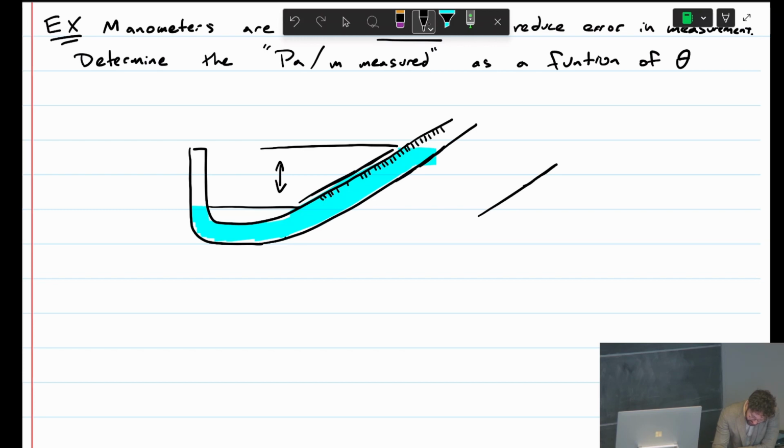I'll draw a triangle just to be clear. I'm going to say theta is that angle there.